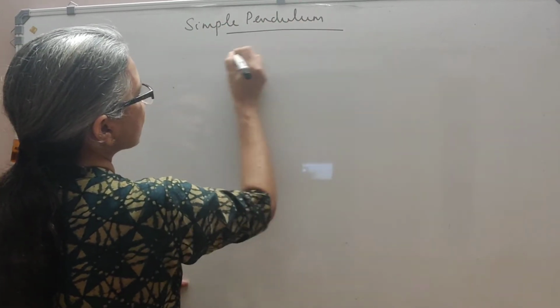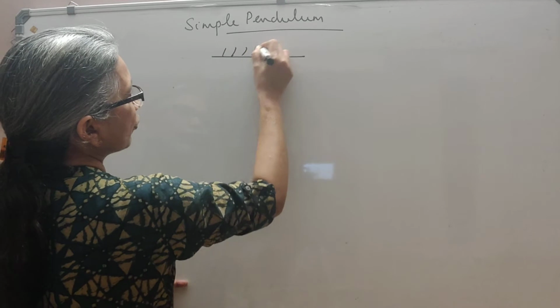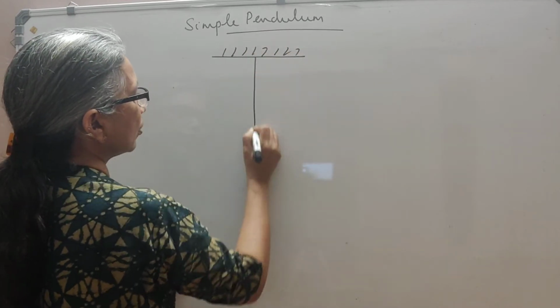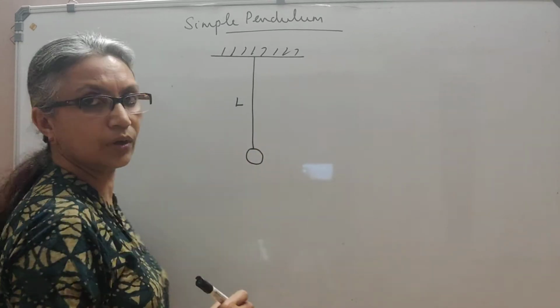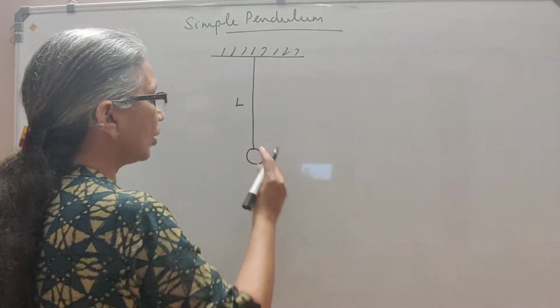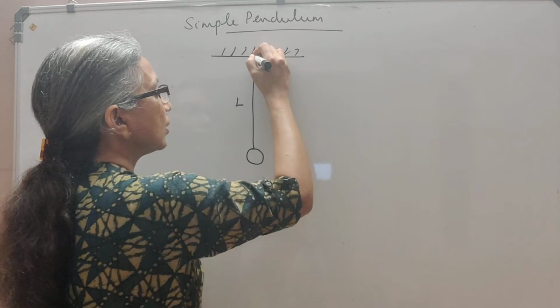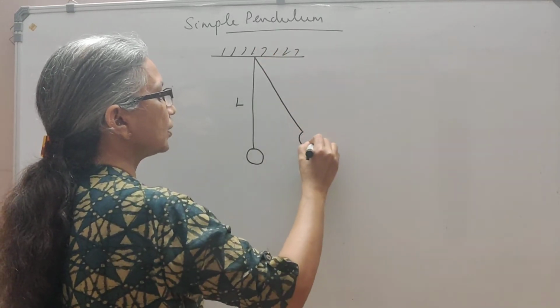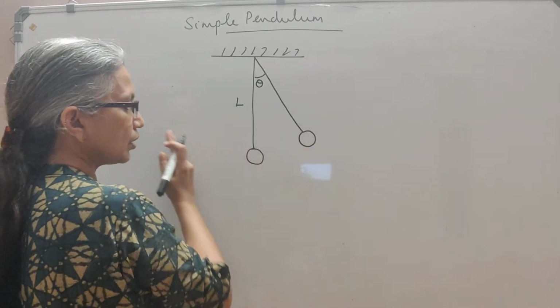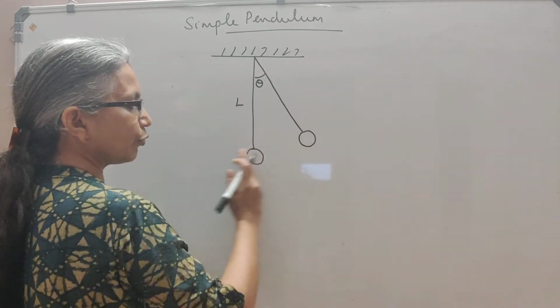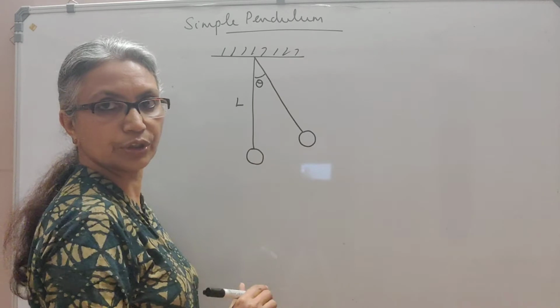We have a fixed support from which we have a string of length L and a metal bob of mass M. Now I pull it slightly to the right, displace it through an angle theta, and leave it so that it exhibits to and fro motion about this mean position.